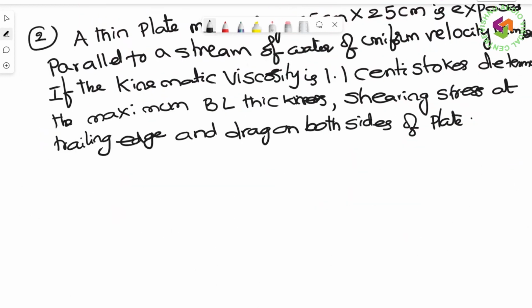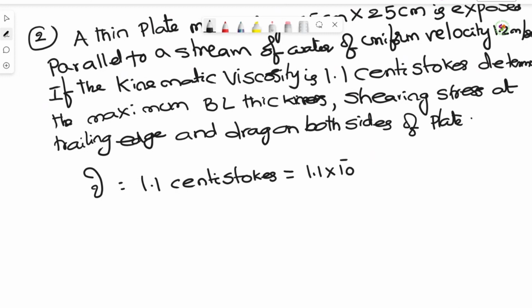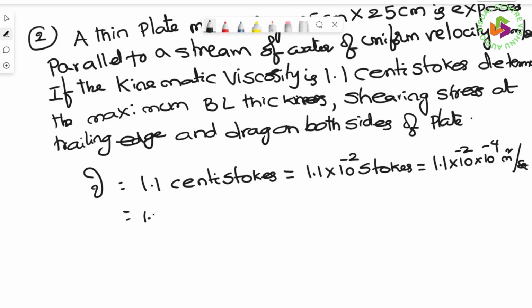Now, they have given nu equal to 1.1 centistokes, which is 1.1 into 10 to the power of minus 2 Stokes, equal to 1.1 into 10 to the power of minus 2 into 10 to the power of minus 4 meters square per second. So finally it is 1.1 into 10 to the power of minus 6 meters square per second. This is the first one.